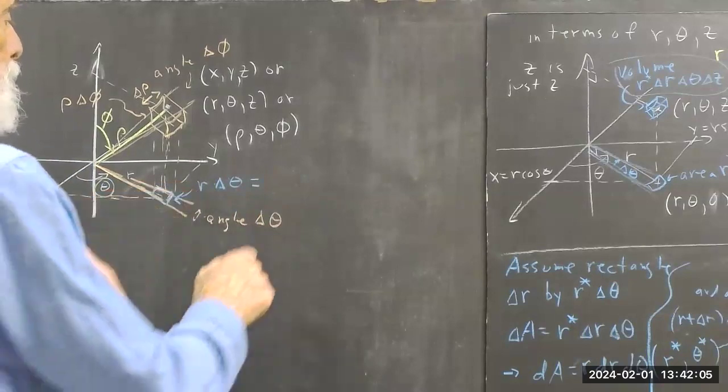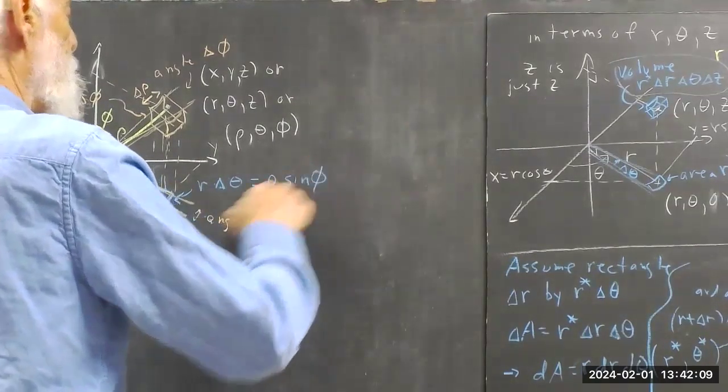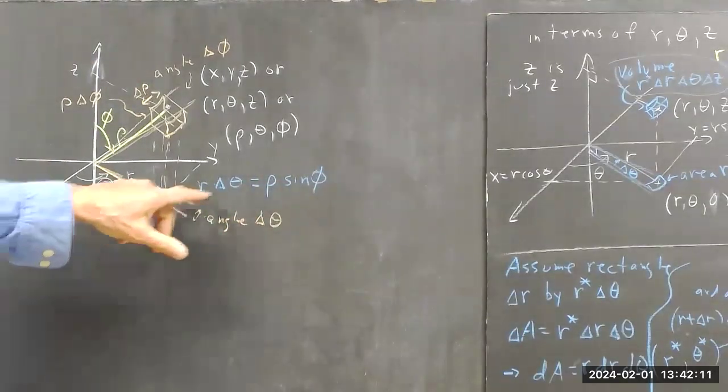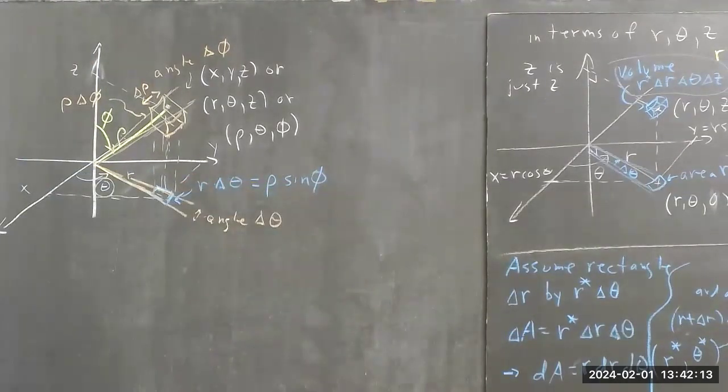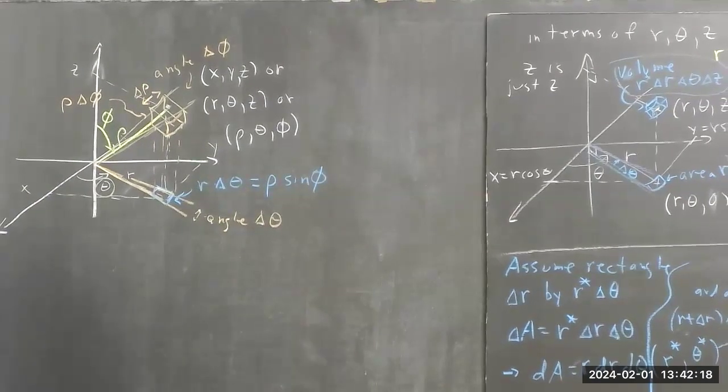And what's r? In terms of rho and phi, r is rho sine phi. You can see the triangle. Maybe you can't see it. Let me see it here.